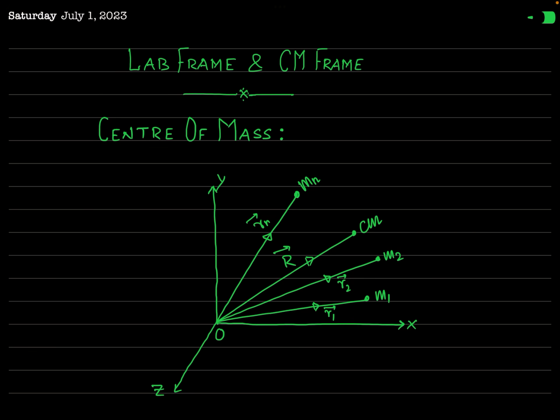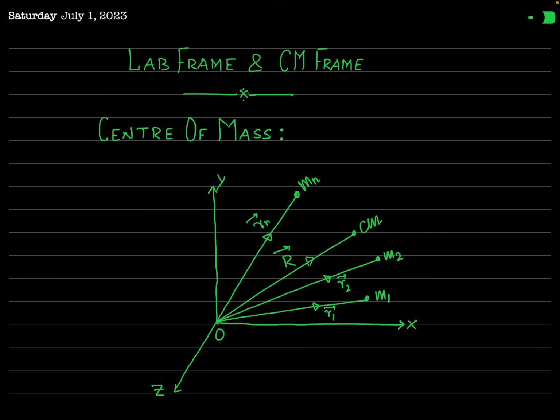But here I am talking only about systems with discrete mass distribution. So I have considered a system of n discrete particles, and the masses of those particles are m1, m2, and so on up to mn. I have considered a coordinate system represented by the axes Ox, Oy and Oz, as you can see in this figure.